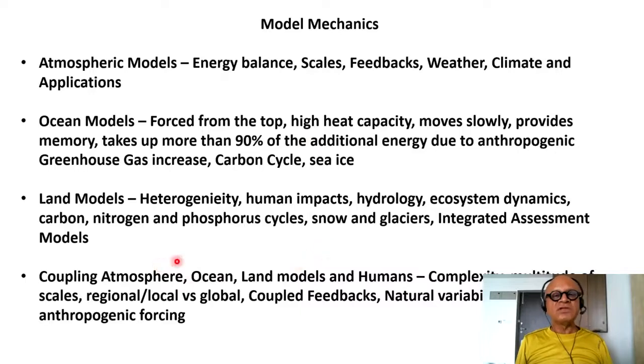So land models, the heterogeneity is very important. You look out the window, you see all kinds of vegetation, buildings, water, maybe snow, ice, mountains, and so on. And humans live on land mostly, and human impacts are very critical. Hydrology, so precipitation, water. Water is very critical for life, for agriculture, for existence, and ecosystem dynamics like vegetation.